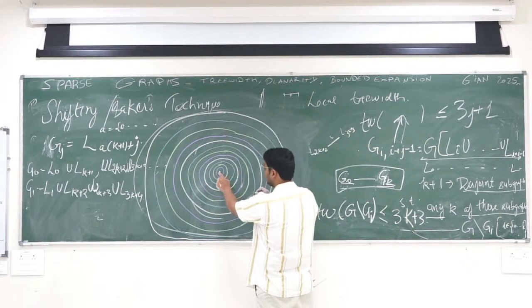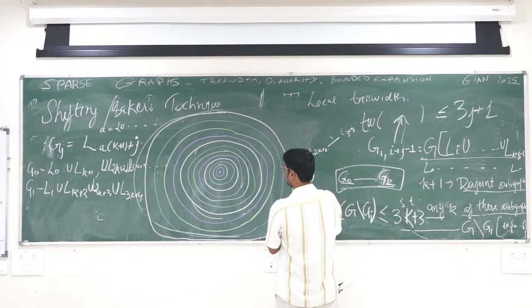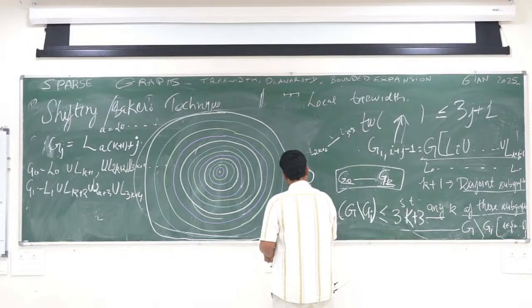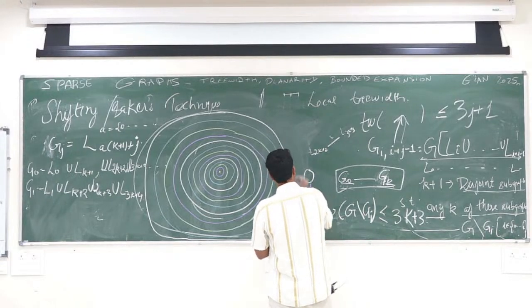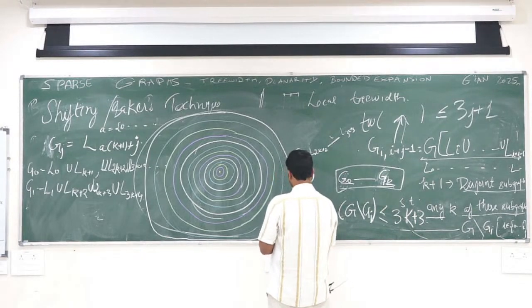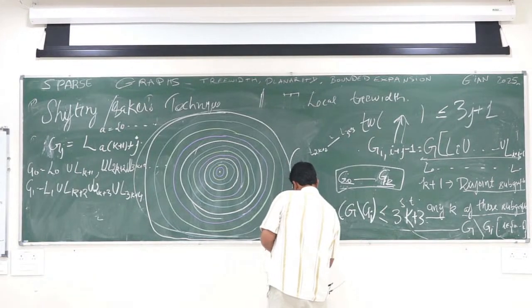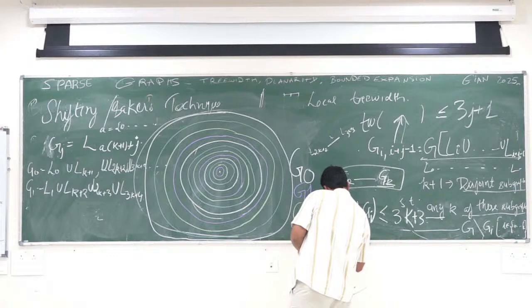So this is my Z. I write also, this is my 0 level. This is my G0, this is my G1, this is my G2, and this is my G3, and my k equals 3.